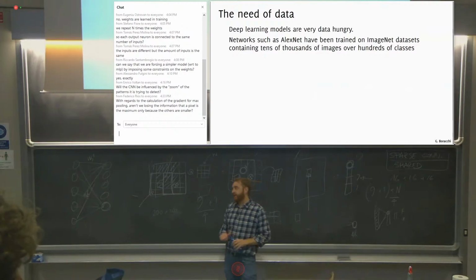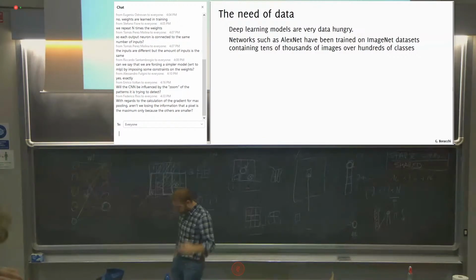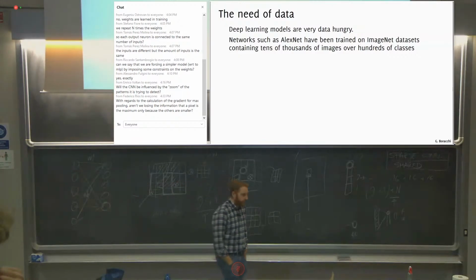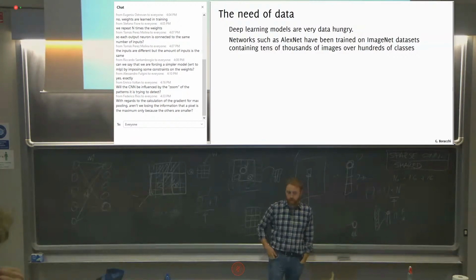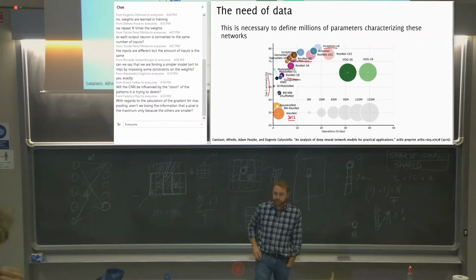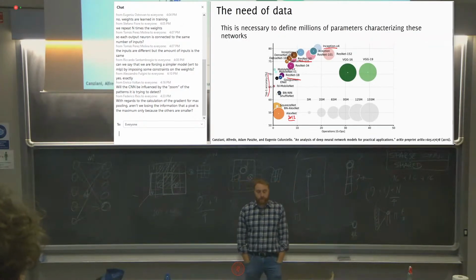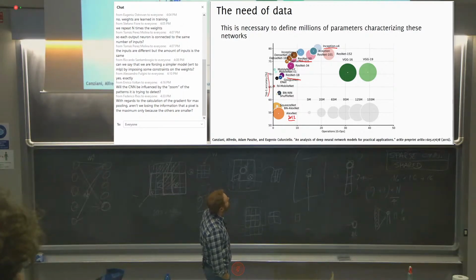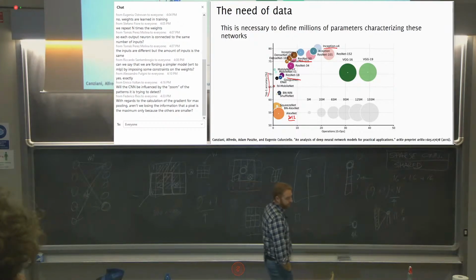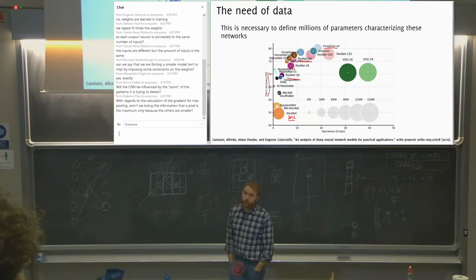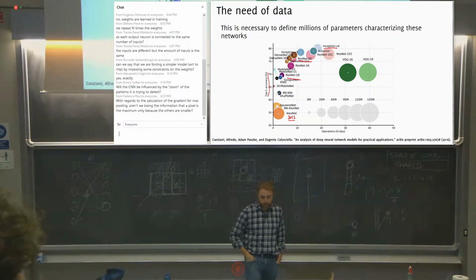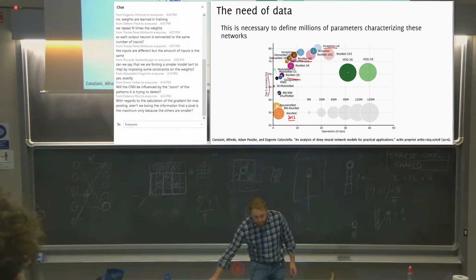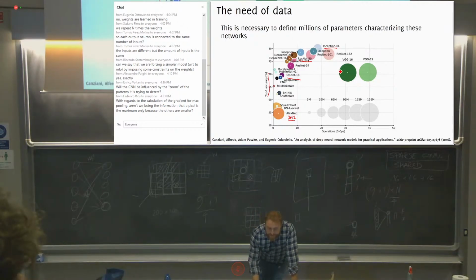Now, okay, let's try to train your network. So you take some data set, and you want to train your network. Here is an overview of the first convolutional neural networks that were presented in the literature, rather old, from a few years ago.